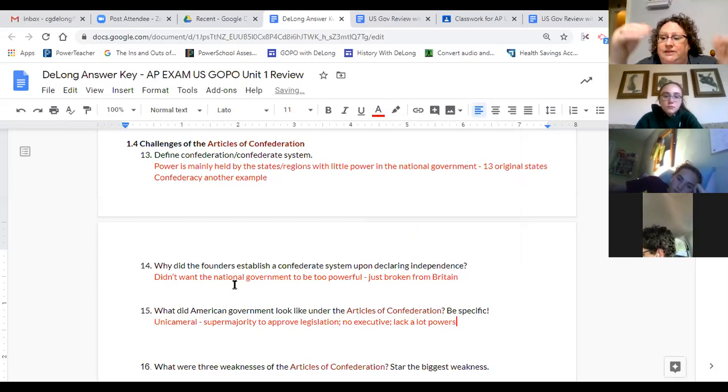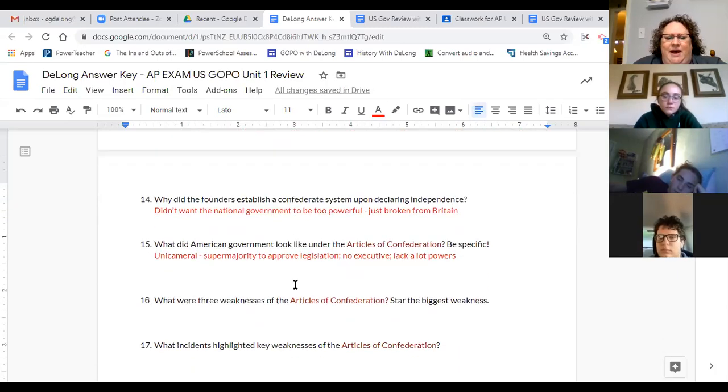We're going to list those powers and the weaknesses below, so I'm not going to get too much into that. But without any kind of central executive power, you just have a legislature that's doing everything and it's unicameral. Each state gets one vote, and a supermajority is very difficult to pass anything.